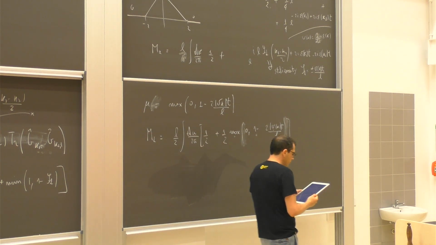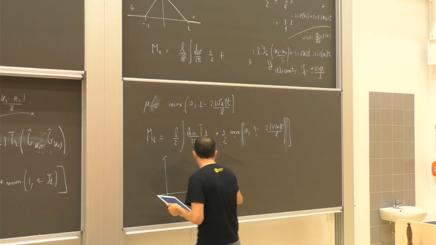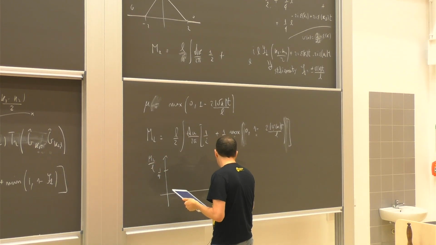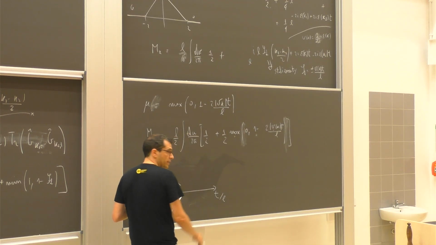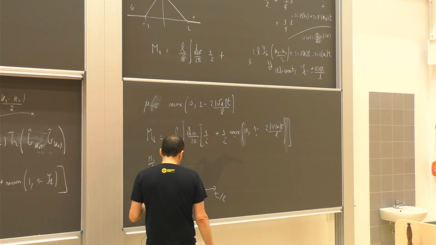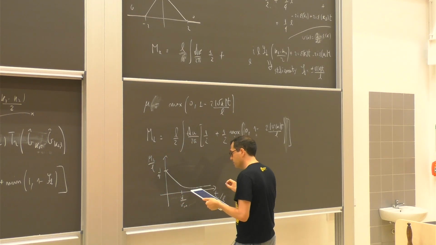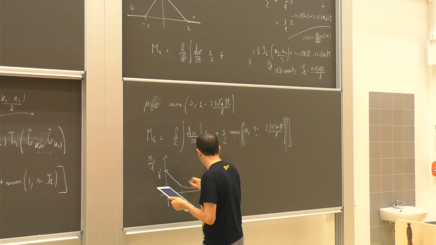Now the problem is that, if you plot m2 divided by L versus t divided by L, it starts at 1/2, then goes down linearly up to a time which is 1 over v max, something like that, and then it saturates to a value of 1/4.